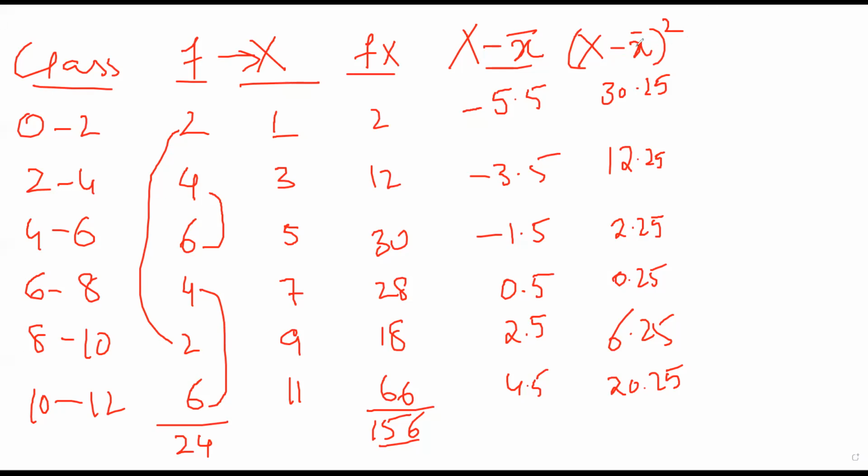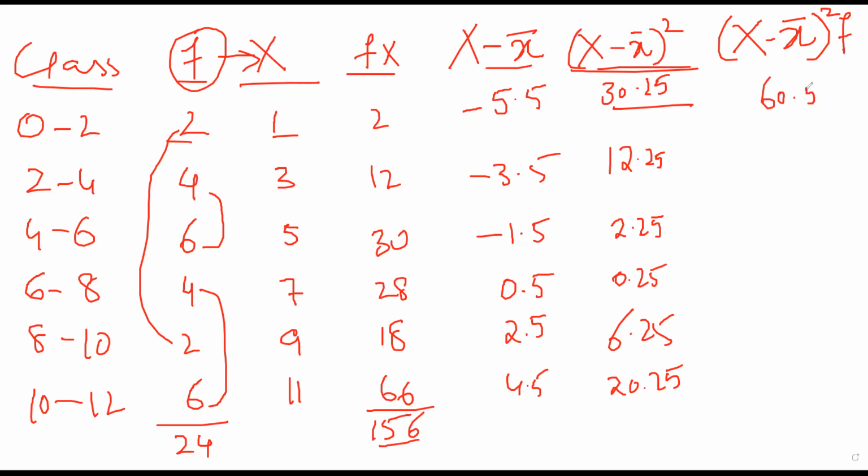So you multiply this with the frequency, multiply this with the frequency. So capital X minus small x bar whole square into F. You take each of these frequency terms and you multiply each of these with this. So 2 into 30.25, 4 into 12.25, so on and so forth. So 2 into 30.25 will be 60.5. This will be 49.